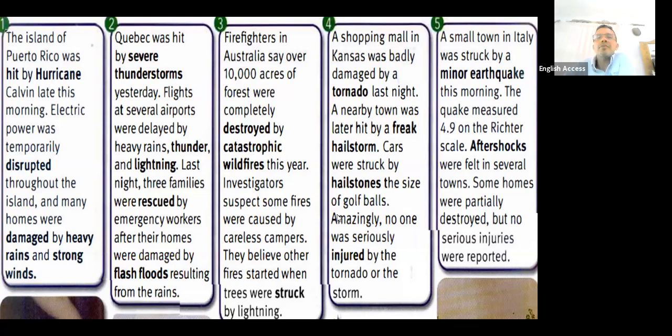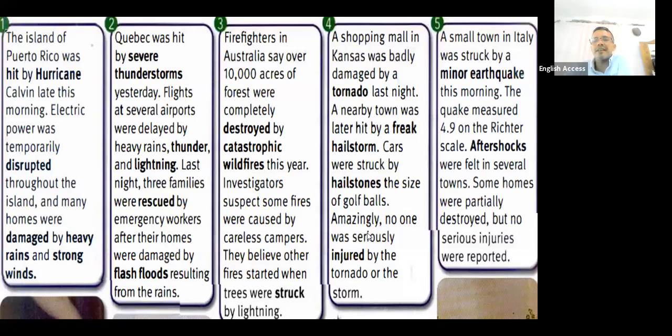Excellent. Just pretend to be a reporter. Okay, you're on TV. You're on the news. The news tonight is by Lucia. A shopping mall in Kansas was badly damaged by a tornado last night. A nearby town was later hit by a freak hailstorm. Cars were struck by hailstones the size of golf balls.